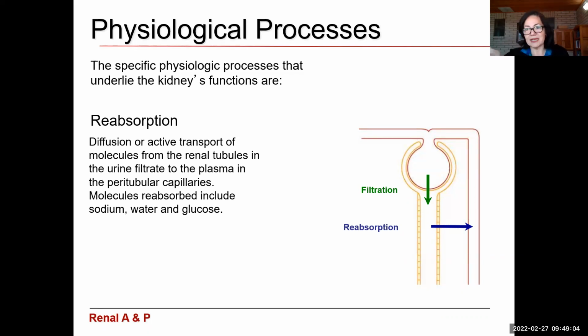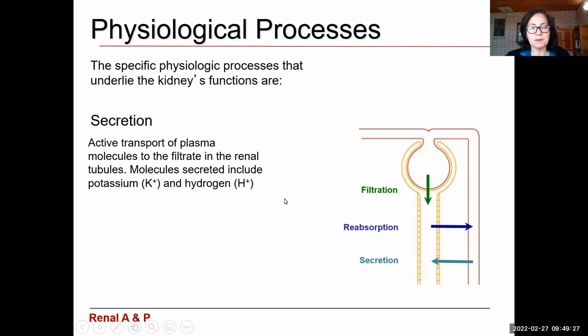And that way you can get rid of the little stuff. Okay, so that's part of this filtration process. We can't do everything at once because it's blood, but we'll get out about 20% of stuff and then bring back the stuff we want to keep. Okay, so that's reabsorption.